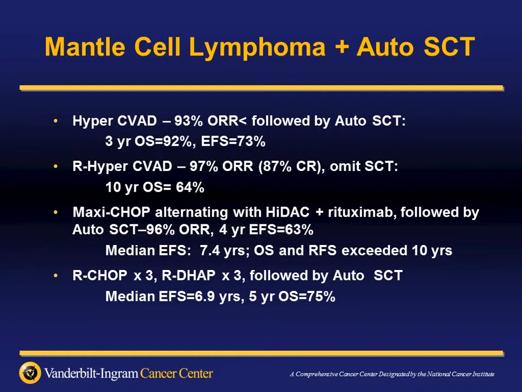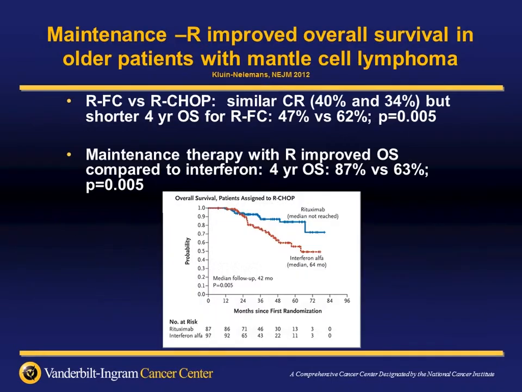Another group has advocated R-CHOP times 3, followed by R-DHAP with the Ara-C and platinum times 3, followed by transplant. Again, very good event-free survival, 6.9 years, and 5-year overall survival of 75%.